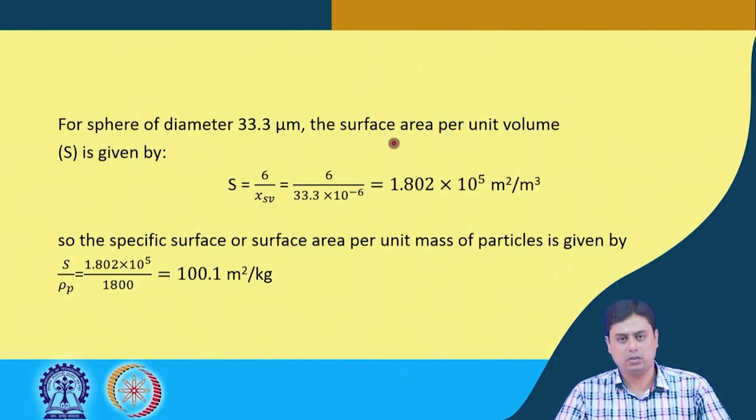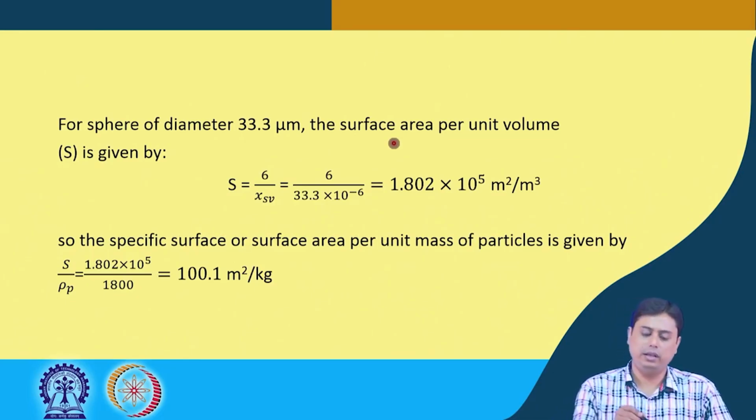It is 4 pi r square, divided by the volume, 4/3 pi r cube. So, if you simplify that expression, it comes out to be 3 by r, where r is the radius of the spherical particle, which means 6 by d, or 6 by diameter, which is here the surface mean diameter.